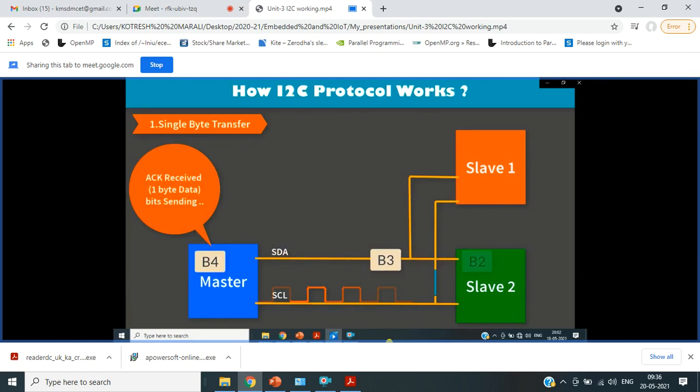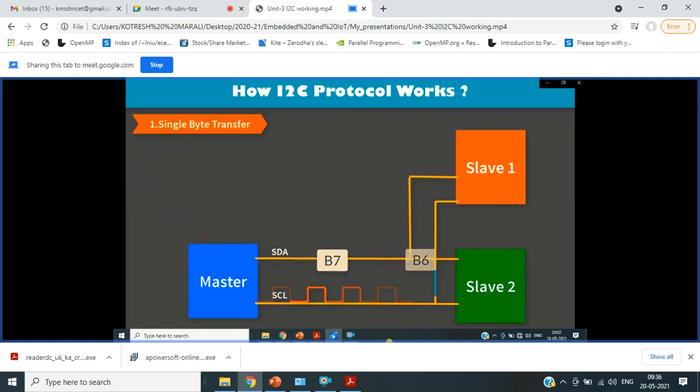Now it starts sending the required data to slave 2. One by one it is going, because it is a serial data transfer, not parallel. That's a very important point.